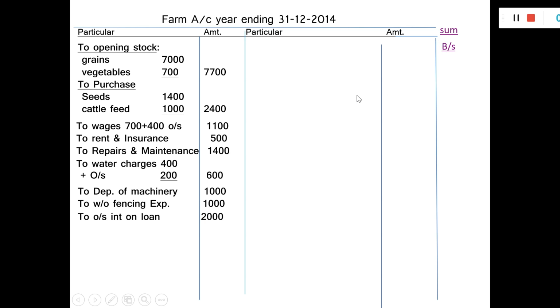So outstanding interest on the loan 2000. By sales, grain 10,000, dairy product 3,000, vegetables 1,800, total 14,800 will be shown as an income.